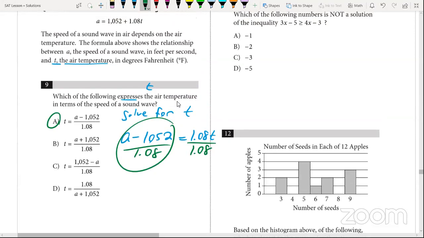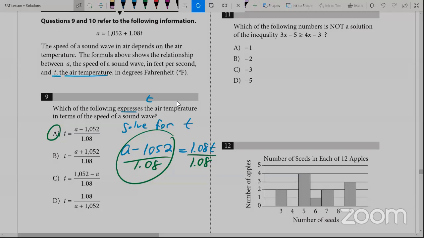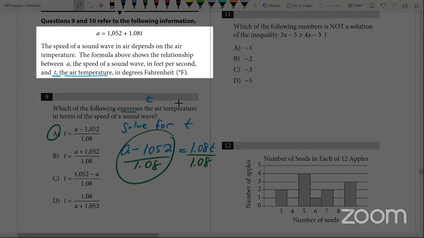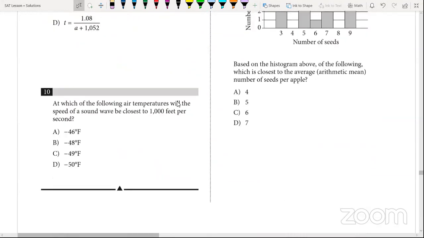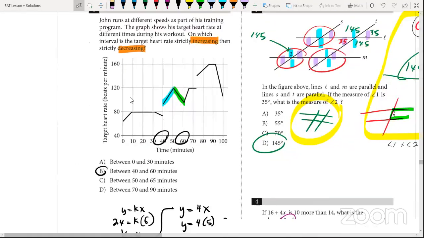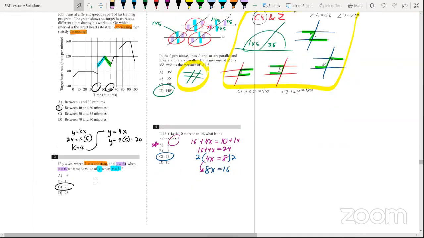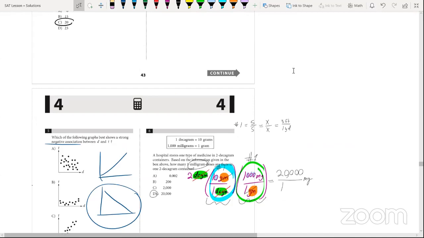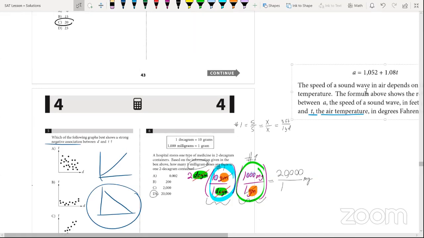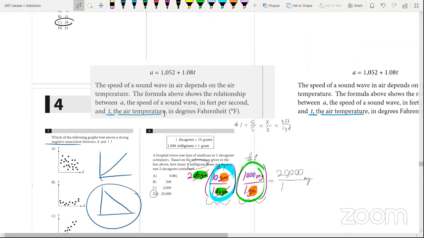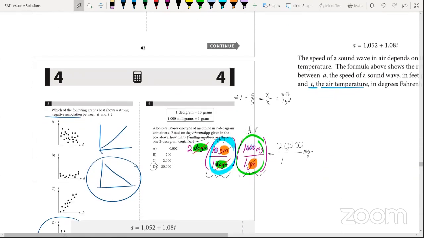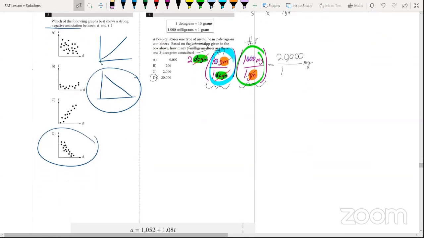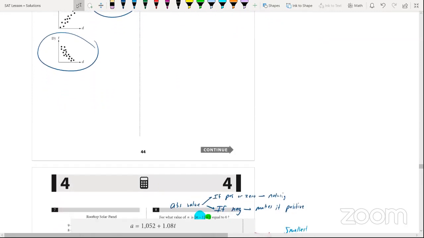Let's go ahead and just bring this image next to question 10 so we can see it better. Apologies for the delay here, guys.